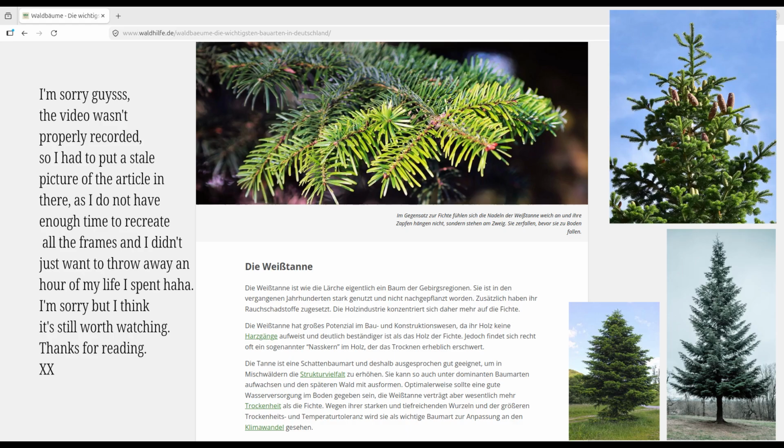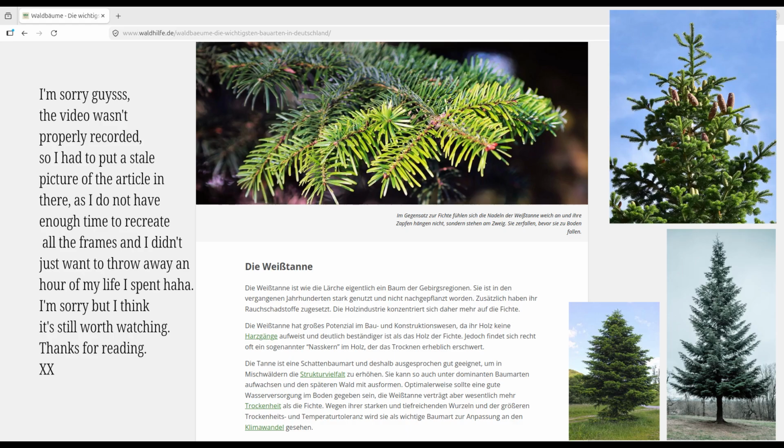I can't explain it right now, but it just says a lot more. You can Google it if you want to. Mehr Trockenheit, more dryness als die Fichte, than the spruce, more dryness than spruce.